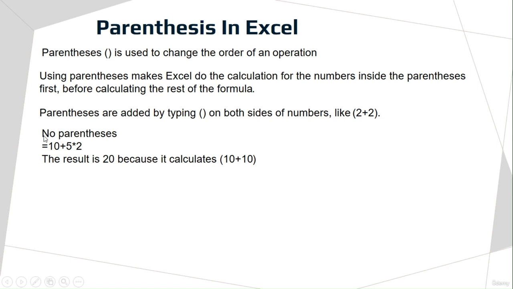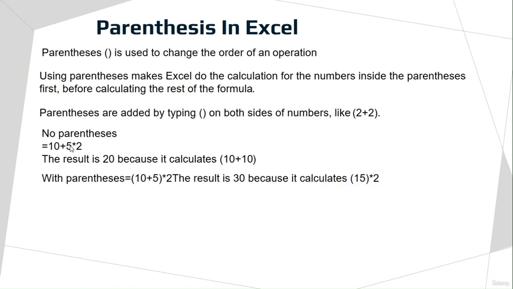For no parentheses, when we have 10 plus 5 times 2, the result is 20 because it first multiplies 5 and 2. That gives us 10, then 10 plus 10.